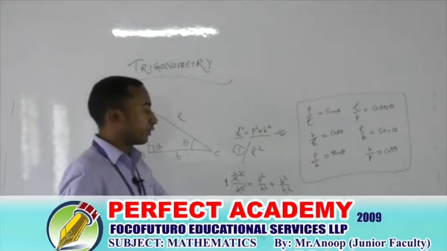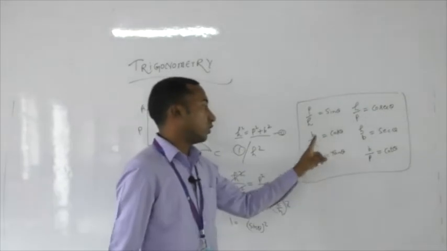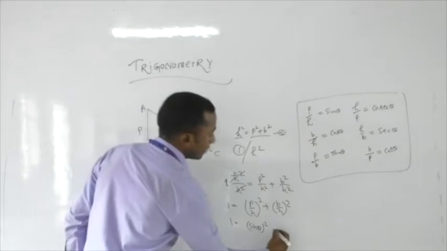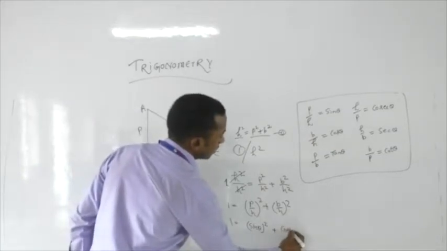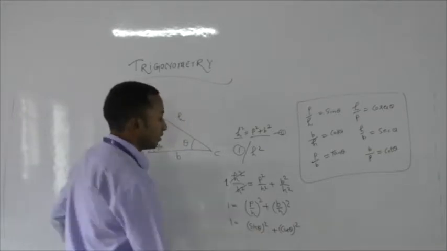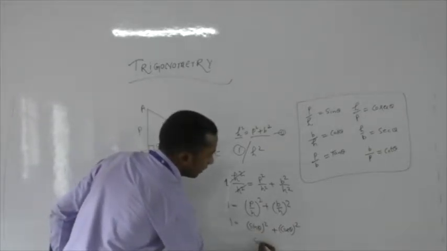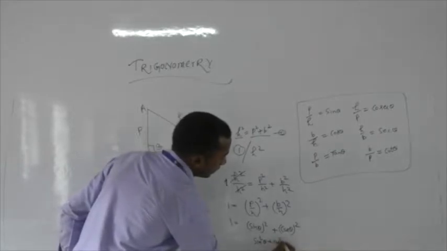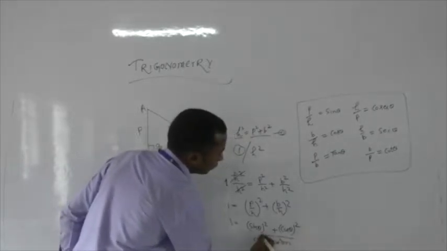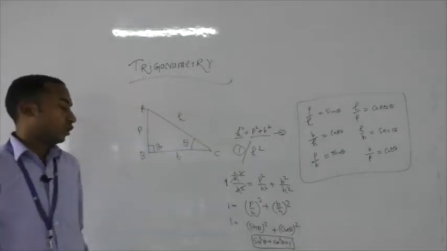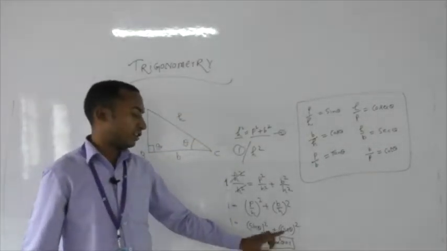Similarly, base by hypotenuse is known as cos theta, so in place of base by hypotenuse, you can put cos theta. So this is cos theta whole square. After that, you will get the relation sin square theta plus cos square theta is equal to 1. So this is an identity that we use in trigonometry.